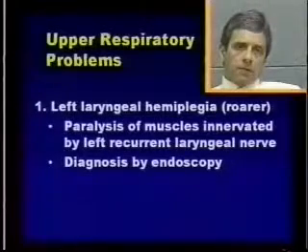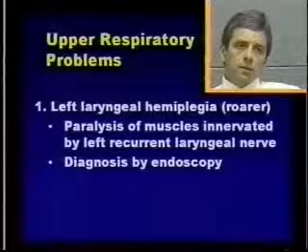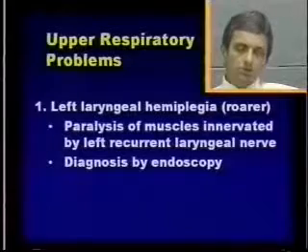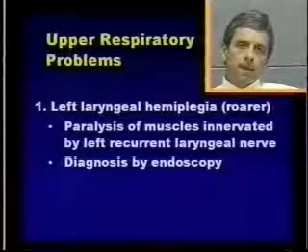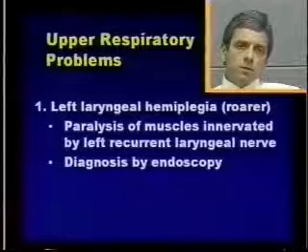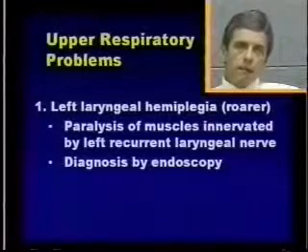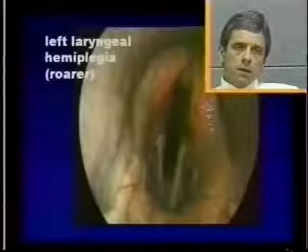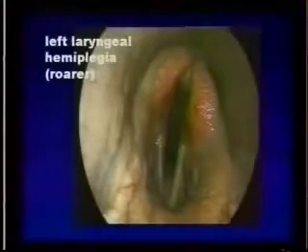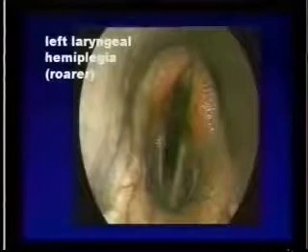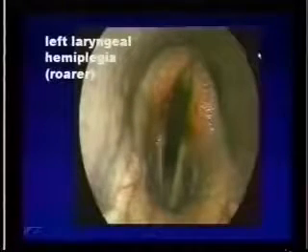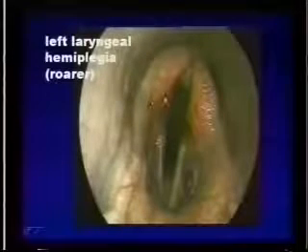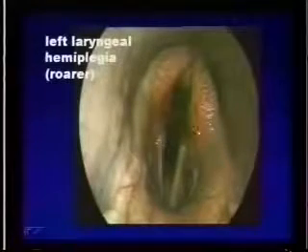You remember from your anatomy that this condition involves paralysis of the muscles that are innervated by the left recurrent laryngeal nerve, and the diagnosis of this condition is made by endoscopic examination of the upper airway. This picture represents an endoscopic view of the horse's larynx. Just briefly, these two structures are the two arytenoid cartilages.